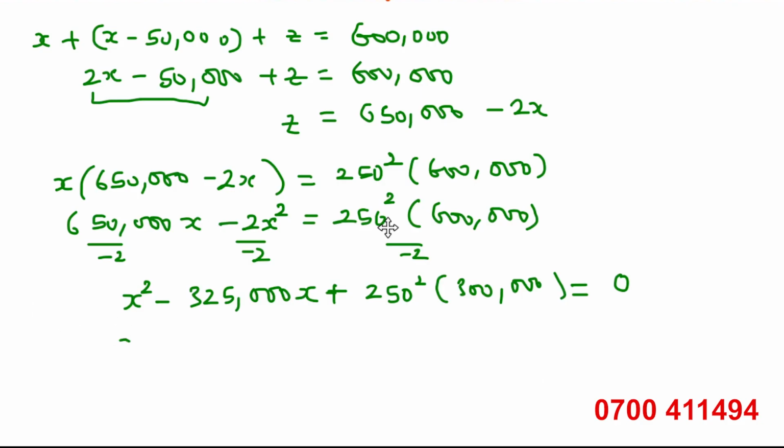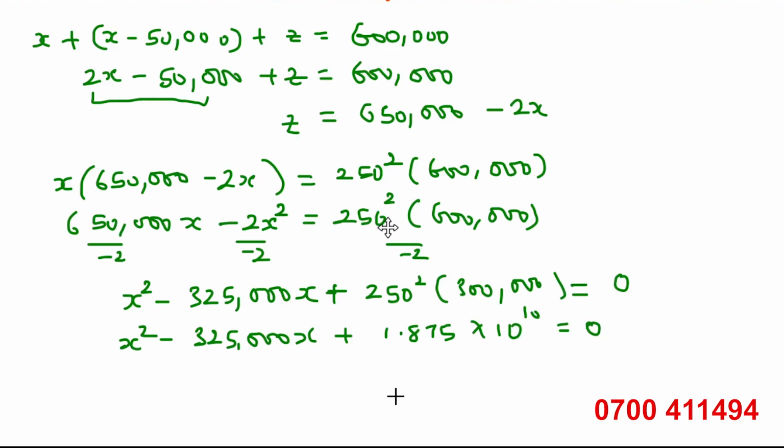So further simplifying this will be x squared minus 325,000x plus, now we can use our calculator here. Since it is a very big value, let's write it in standard form. It is going to ease our work. When you tap on your calculator, this is the value that you'll get.